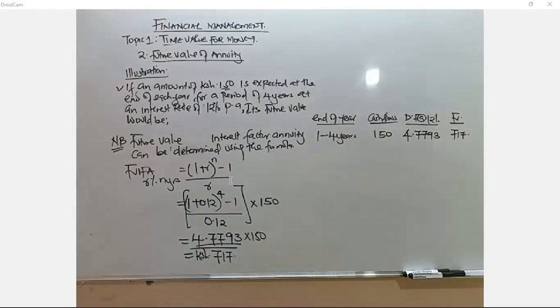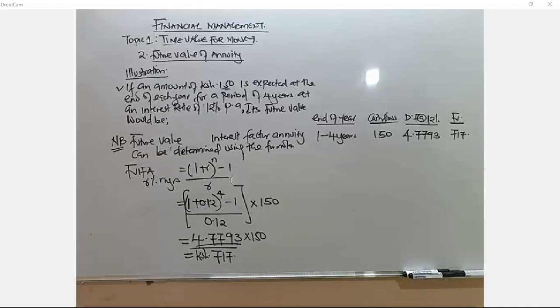So when you look at your notes, we have said that to adjust for investment at the beginning of each period, we assume that the investment is at the end of the period, and then we multiply it by 1 plus R. Those concepts, you can check on them later on.